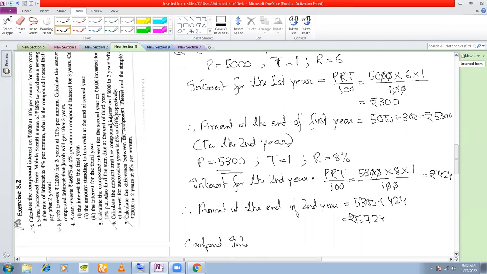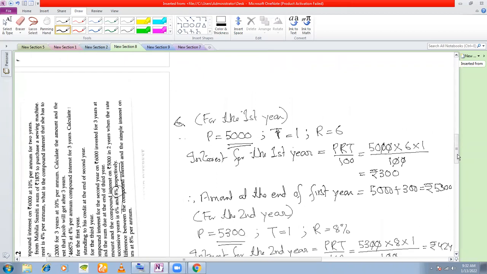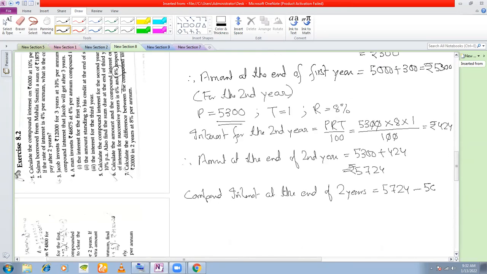Compound interest at the end of 2 years is equal to 5,724, which is the amount at the end of 2 years, minus the initial principal 5,000, which is equal to, so what is the interest that you are getting in total? 724 rupees compound interest. Okay.